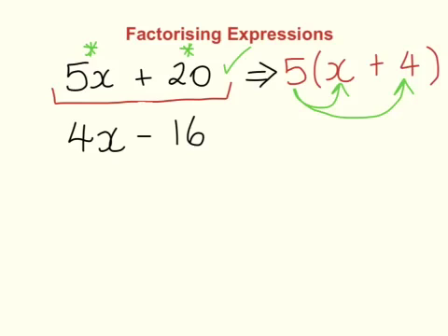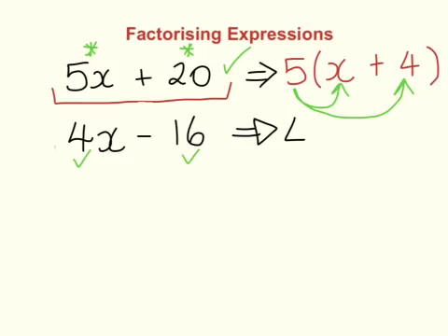Let's look at our next example. In our next example, we have 4x minus 16. In this case, we're looking for a common factor between 4x and 16. Well, 4 is a factor here and a factor here, as 4 times 4 is 16. Let's see what happens. We want an expression with brackets.